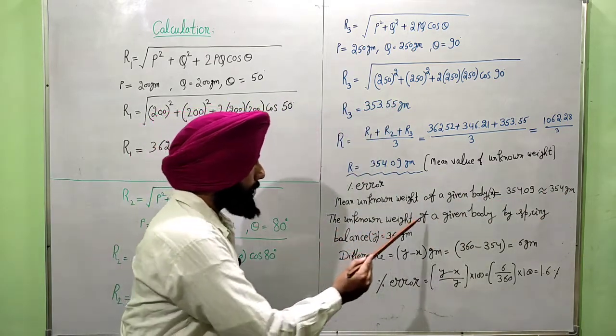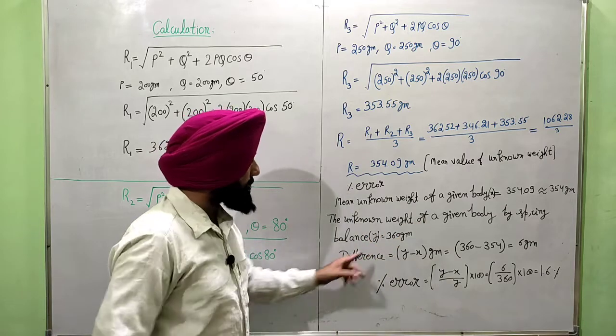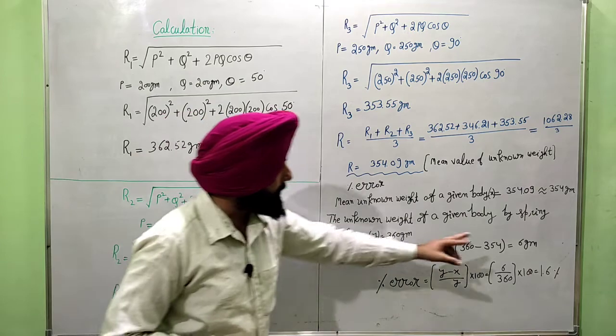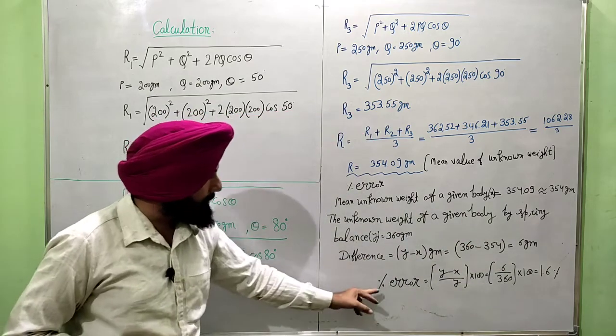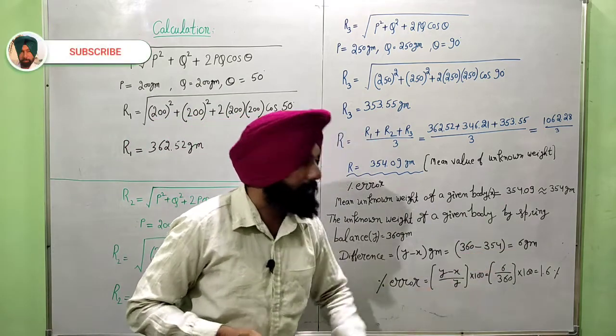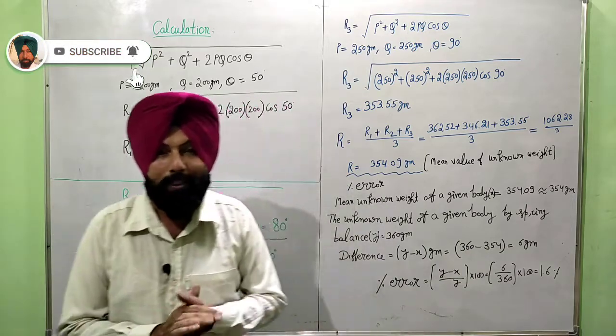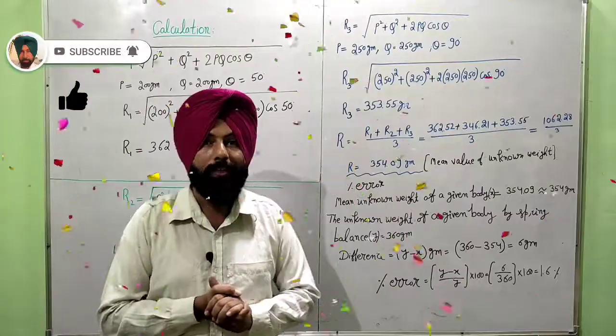The unknown weight of the given body by the spring balance, that is Y, equal to 360 gram. Now the difference is 6 gram. So percentage error is 1.6%. So our practical was a success because the error is very small.